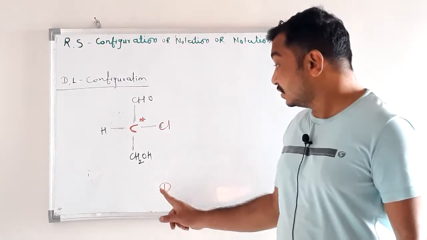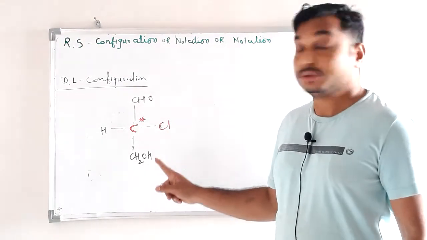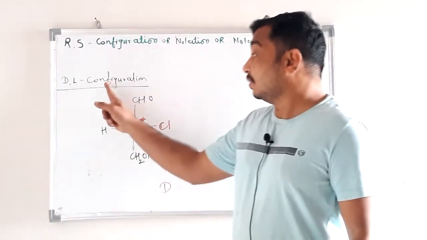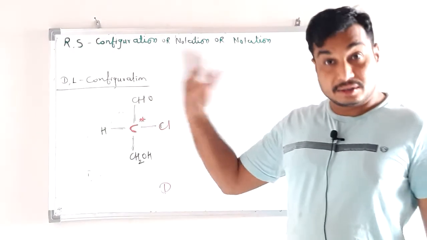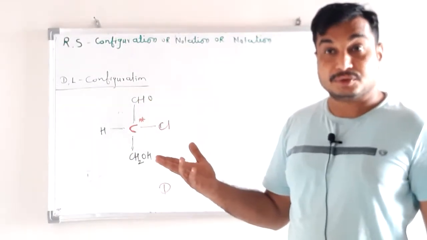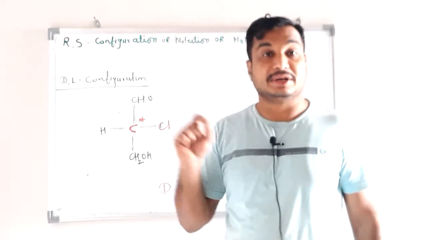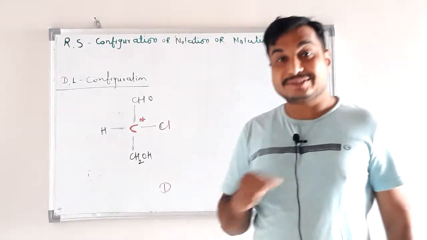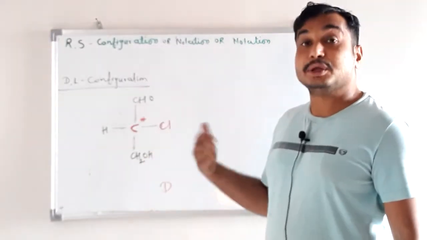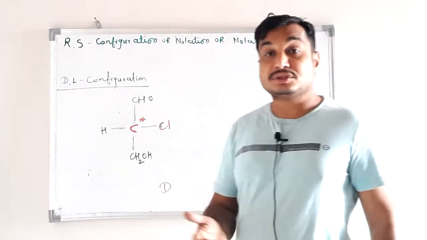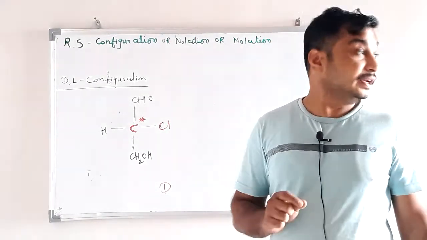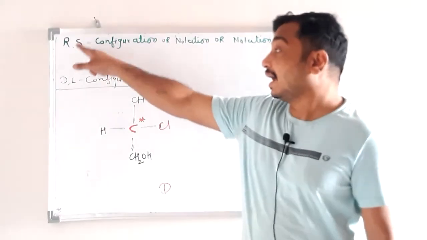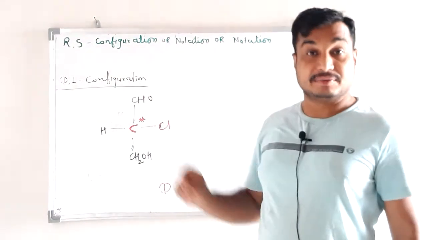That's why this system fails to determine the configuration of other types of molecules which do not belong to carbohydrates and amino acids. So scientists developed a new system of nomenclature, a new system of determining configuration, known as RS configuration.